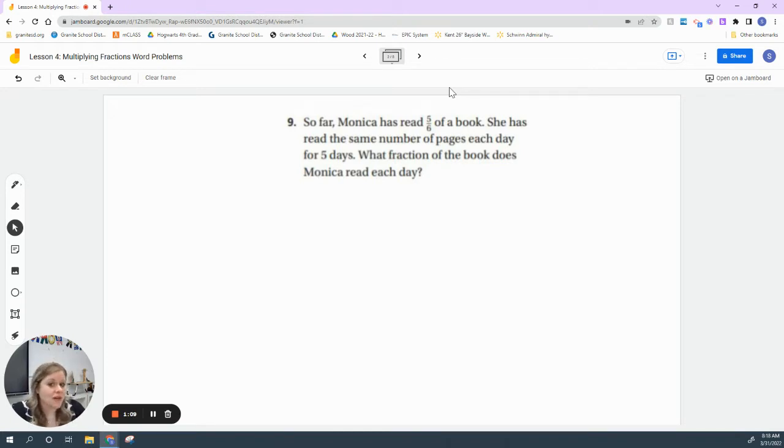So we know that she has read 5/6 of a book total, right? So she's read 5/6 of a book total, and she has read for 5 days. So what could I multiply 5 by to get 5/6, fraction-wise?